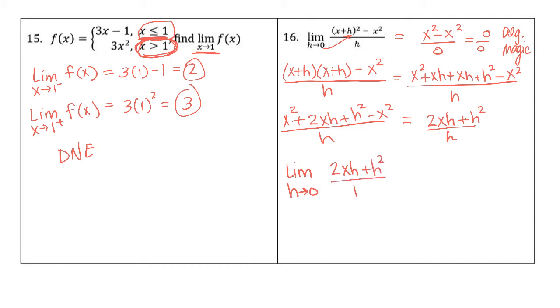Now let's cancel those h's, and there's at least one h left there. So that limit is really the same as the limit as h approaches 0, sorry guys, h approaches 0 of 2x plus h. So that means this value right here, h is approaching 0, not x. So when h is 0, that means all that I have left is 2x.